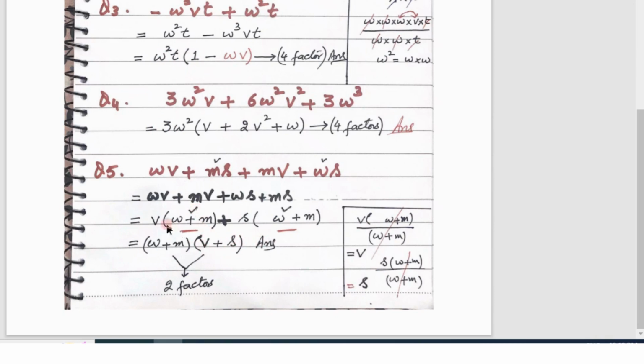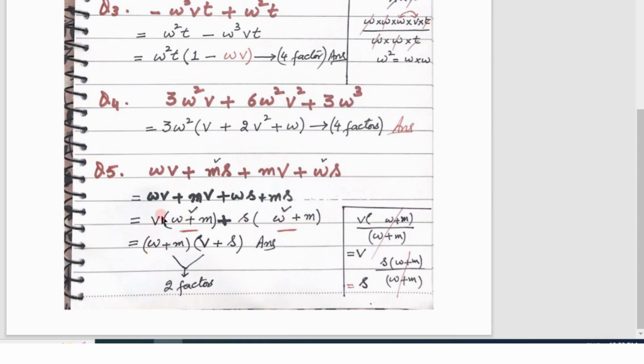So look at the left side and the right side of the plus sign. What long factor or what small factor is common? No small factor is common. V and S are small factors. Long factor W plus M and W plus M is common. W plus M and W plus M is common in both the terms. We will pick it up.